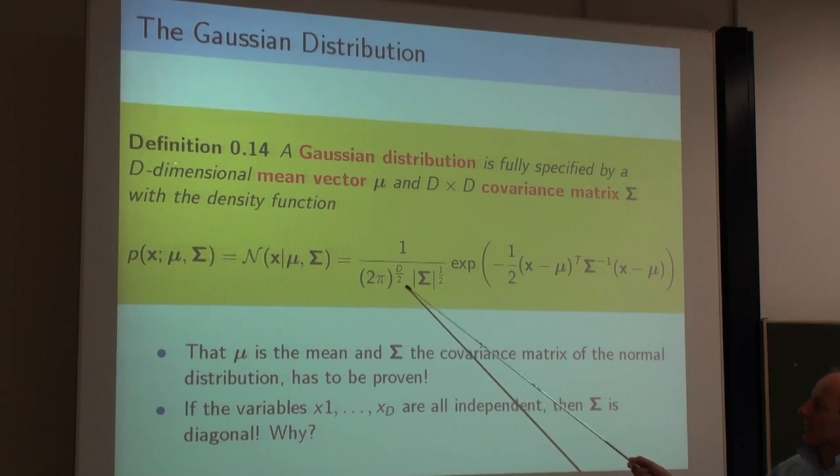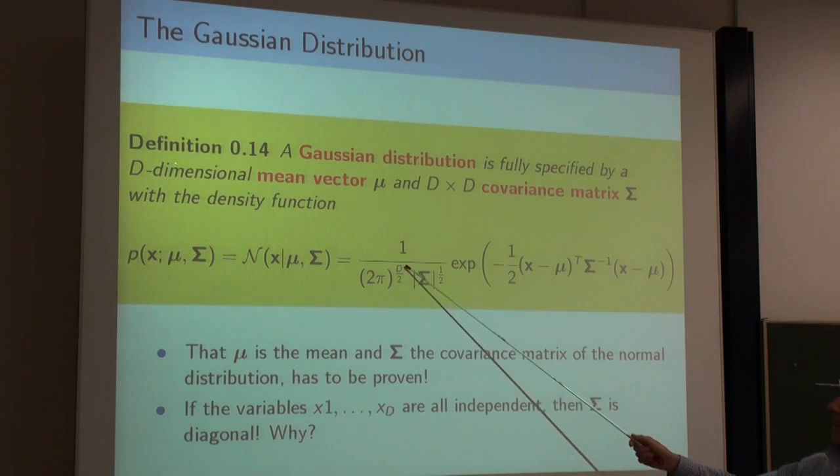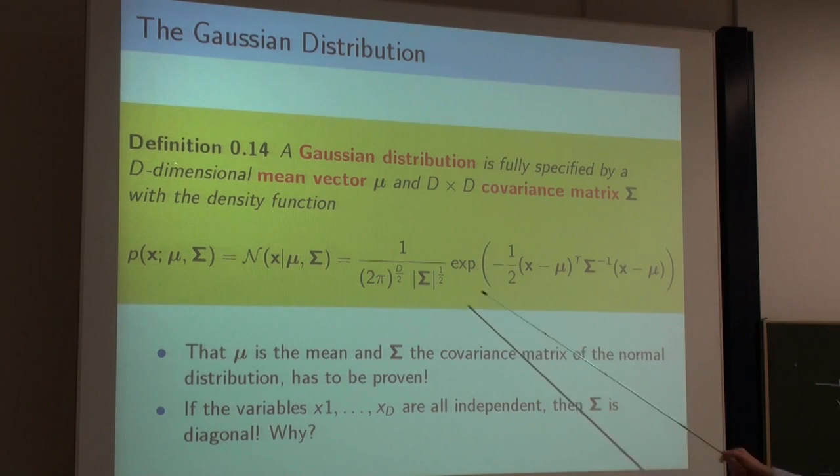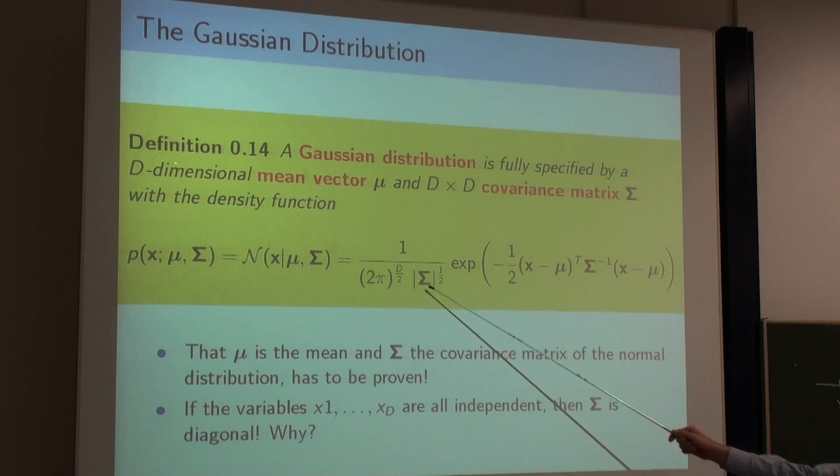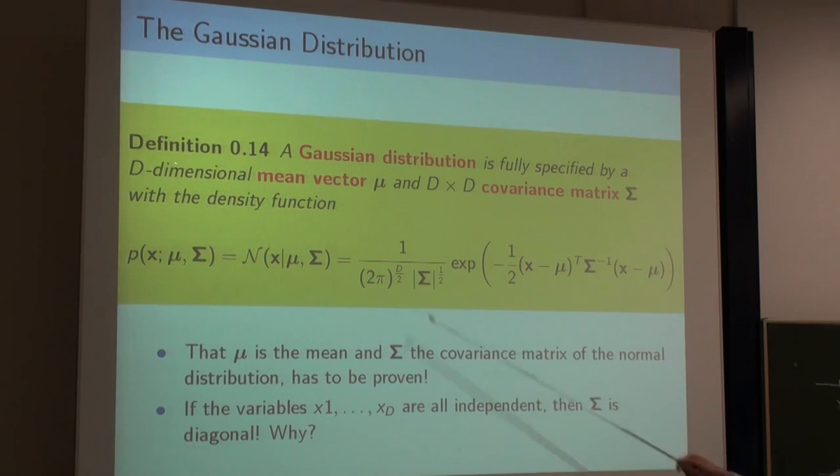In one dimension we had the square root of 2 pi, and here we have 2 pi to the power d half, where d is the dimension of our space. And here we have the square root of the determinant of the covariance matrix, where we had before just the standard deviation sigma. In one dimension, this would exactly be the standard deviation sigma.